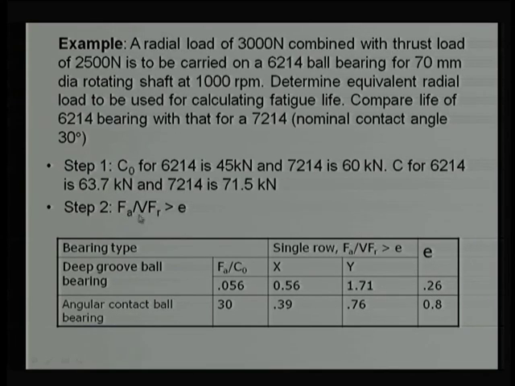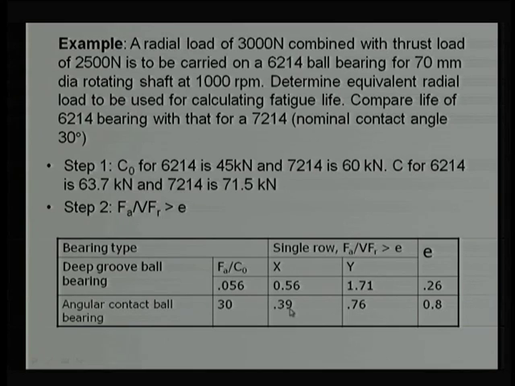Naturally Fa by Fr is greater than this, so we have to choose the X and Y parameters to find the equivalent load for the 6214 bearing. Coming to the angular contact ball bearing, the 7214 bearing, we need to choose 0.39 times Fr plus 0.76 times Fa. When I do this kind of study, it's clear this parameter is lesser here.